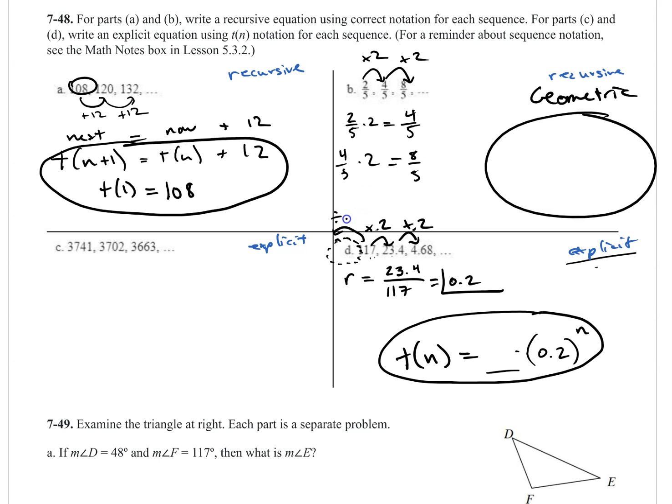That means to go backwards, I should divide by 0.2. 117 divided by 0.2 is 585. That's the zero term. Equation: 585 times 0.2 raised to the power n.